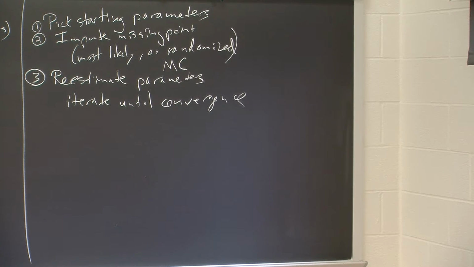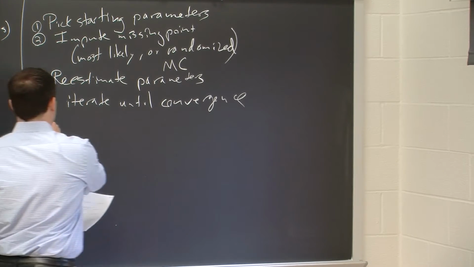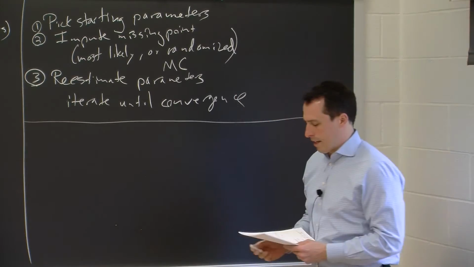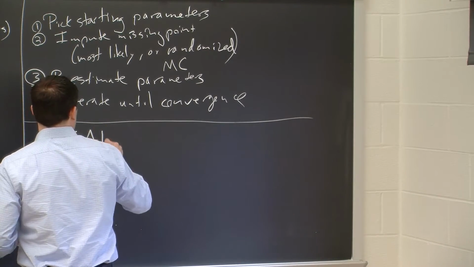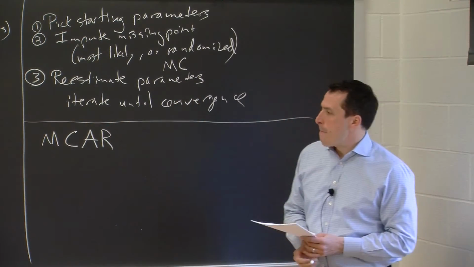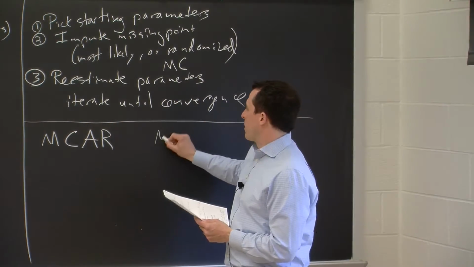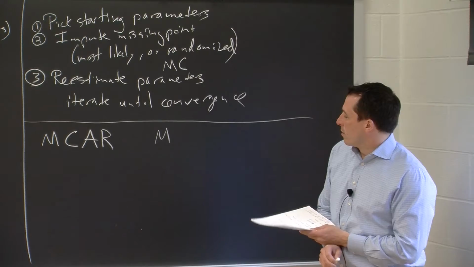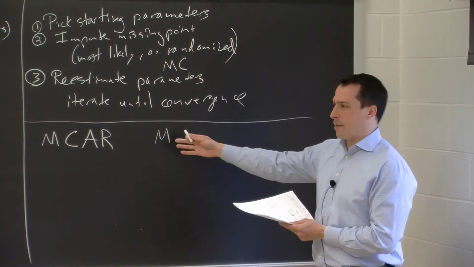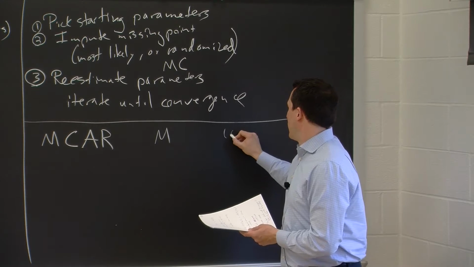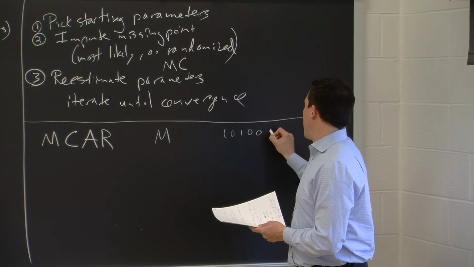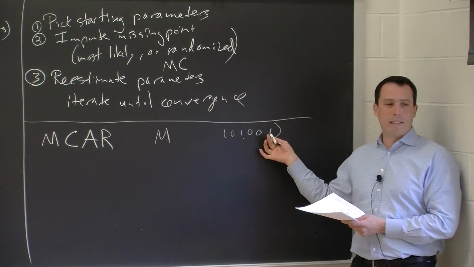So now I want to go back to our different types of missing and say something about when this procedure makes sense. Recall that we called it missing completely at random, where m is either a scalar, like binary, or maybe a vector of missingness, like a mask. A realization of m might say this place and this place are missing.